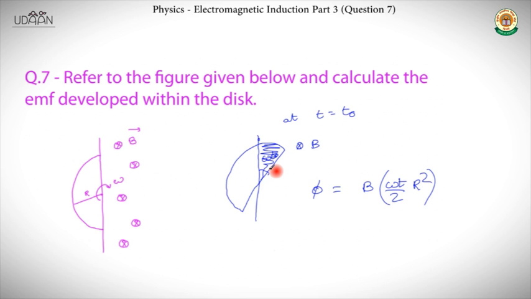So at any time t, the flux would be this much, but only till the time the half disk completely enters the region where there is the magnetic field. At that time, the flux linked would be B into pi by 2 r square, and this would be the maximum flux.